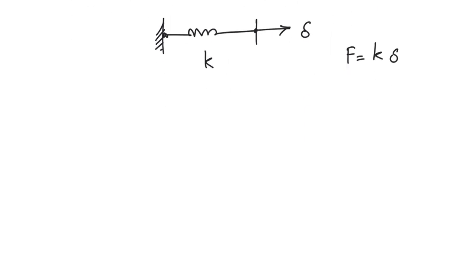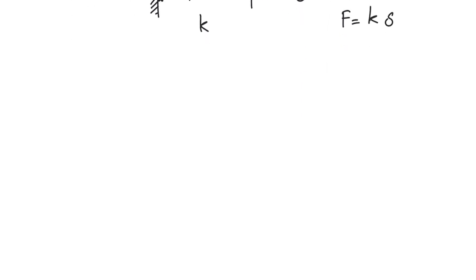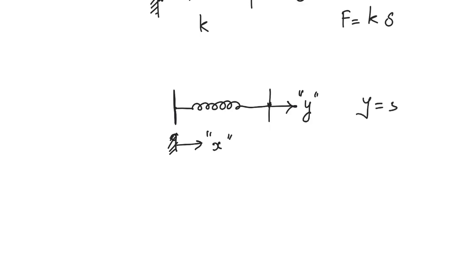Now think of another case. The same spring with a stiffness K. This time I'm pulling this end by an amount y, and I'm pulling this side by an amount x. Or in other words, say y can be 5 centimeter and x can be 2 centimeter.